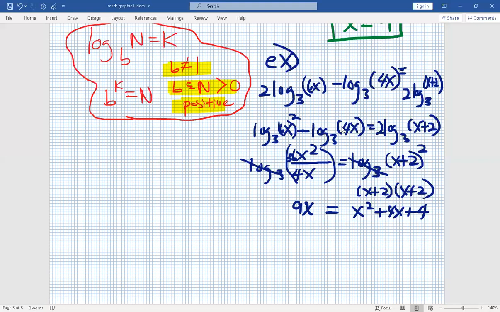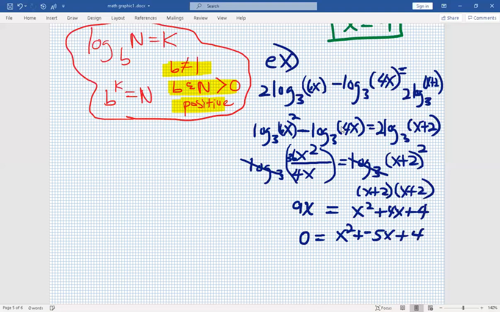Now we have to make it equal to 0, remember? We have to factor again, so solving for the roots. That's the reason why you have to learn factoring polynomials, to solve stuff like this. Actually this is 4x minus 9x, so it's gonna be negative 5x right here, and then plus 4.